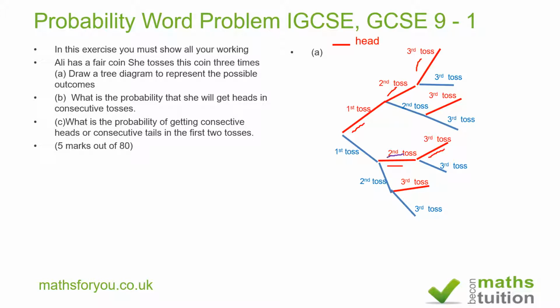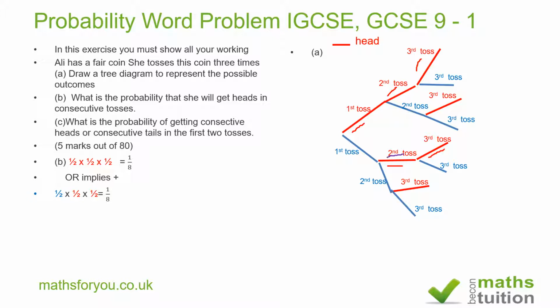So that now becomes something like this one here. A half times a half times a half, which is 1/8, or the half going down the tail section, a half times a half times a half.